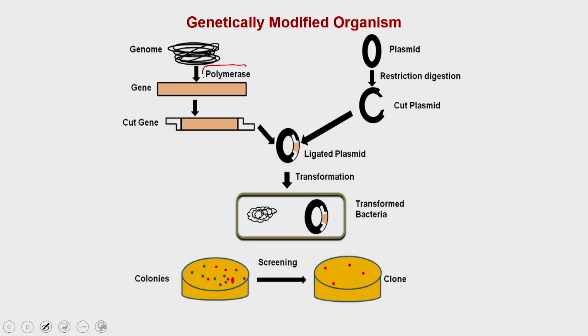So, what we have discussed so far is that if you have a genome, and you use polymerase reactions to generate the gene, you can also get this fragment either by genomic libraries or cDNA libraries.